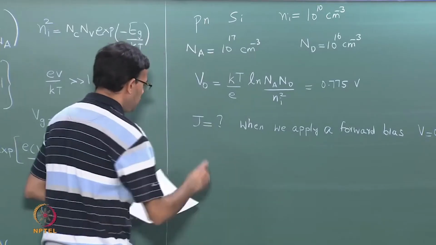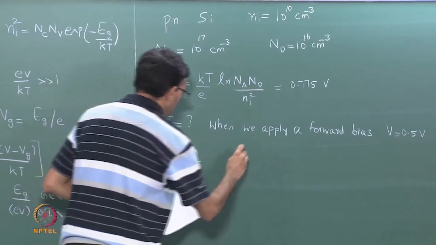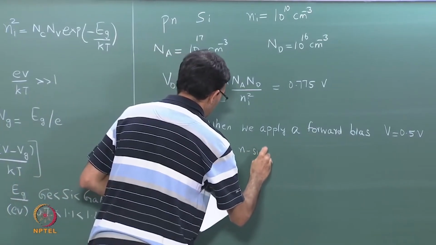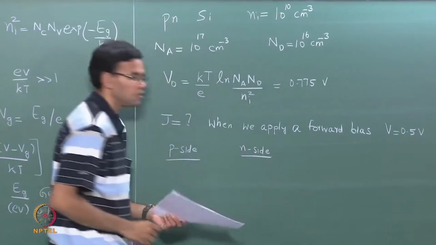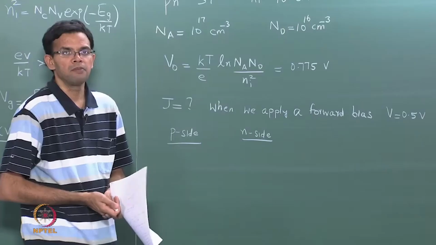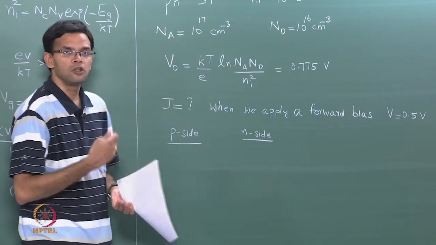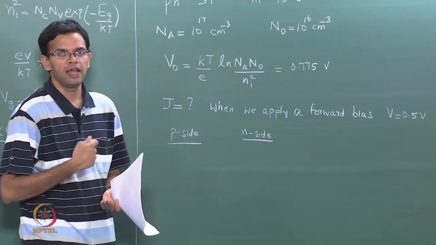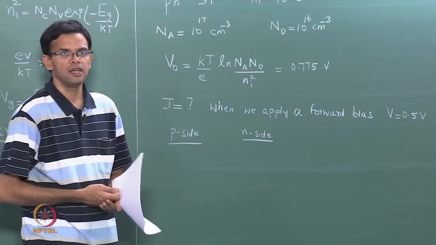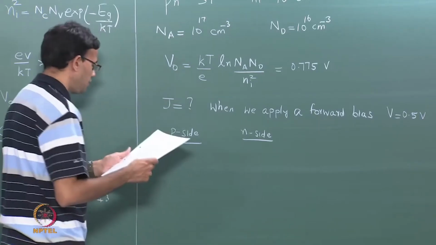So, let us write down the p side and then n side. So, the first thing we want to know is how many excess carriers are injected because of the forward bias. So, from last class, if you remember, the current in the case of a p-n junction is due to the minority carriers. So, you have electrons that are injected into the p side, you have holes that are injected into the n side, that causes the current.